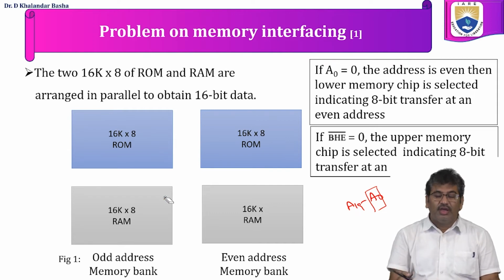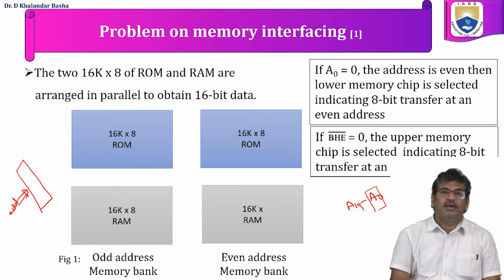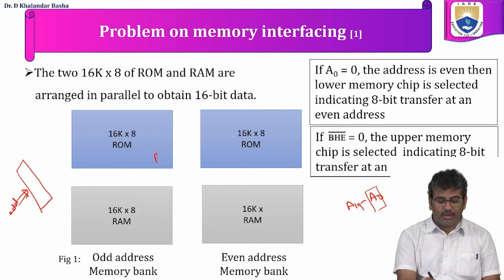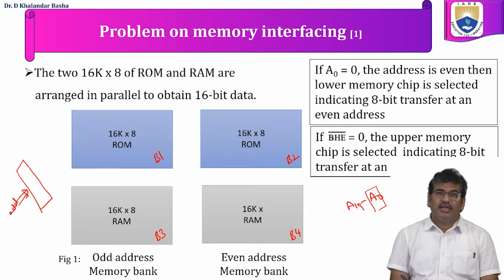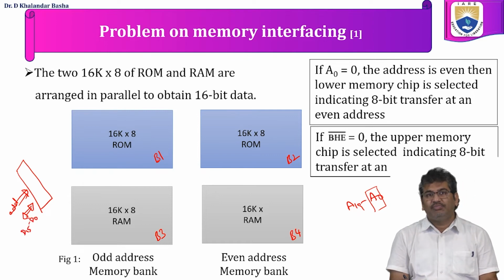Here it is. Either you are passing an address. If I am passing an address, this address may access any memory location of block 1, block 2, block 3 or block 4. In the 8086 processor, the data transfer may be either 8-bit or 16-bit.